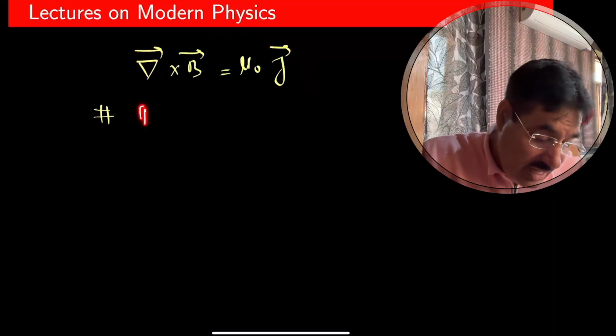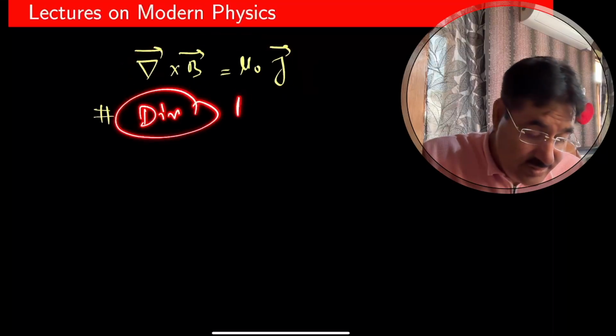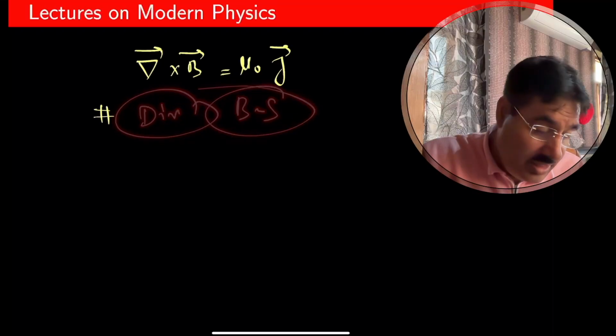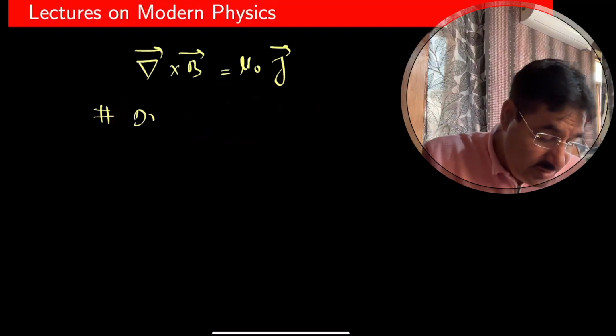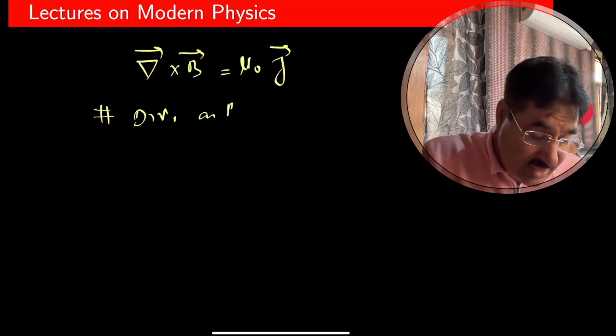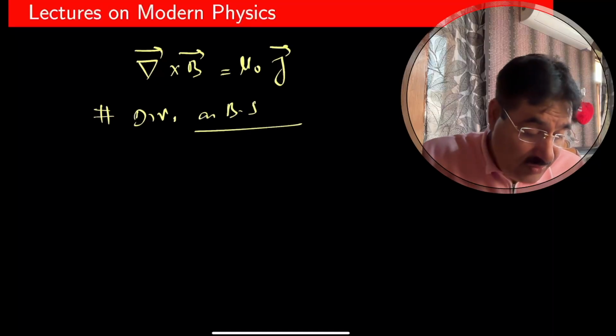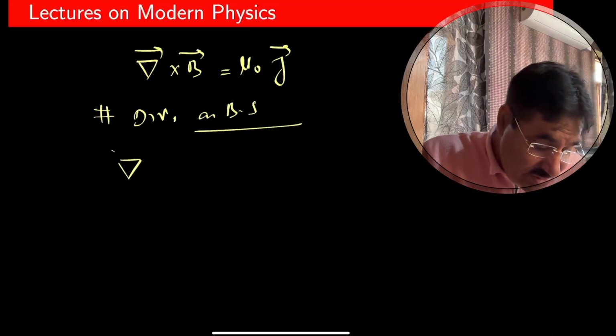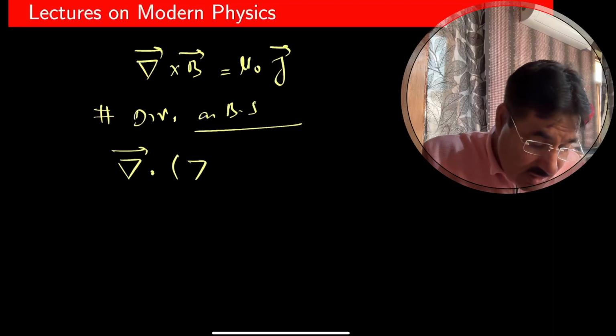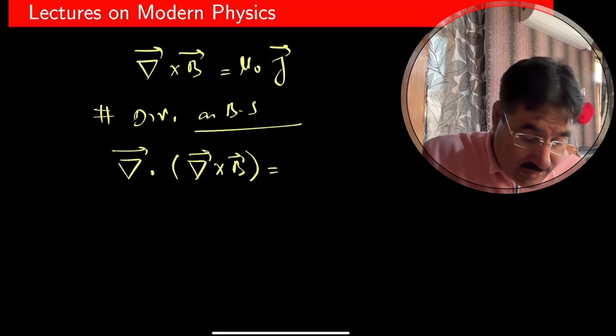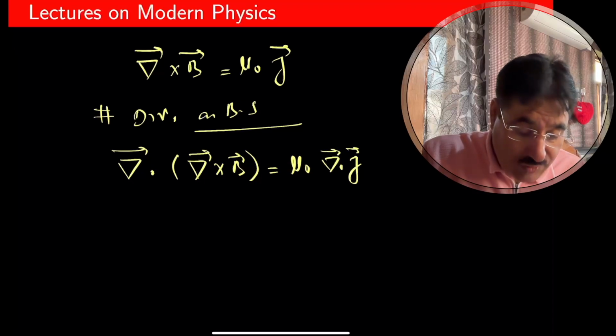What is that thing? I take divergence on both sides of this equation. If we take divergence on both sides, then what do we get? We get divergence of curl of B is equal to mu naught divergence of J. So far, so fine.